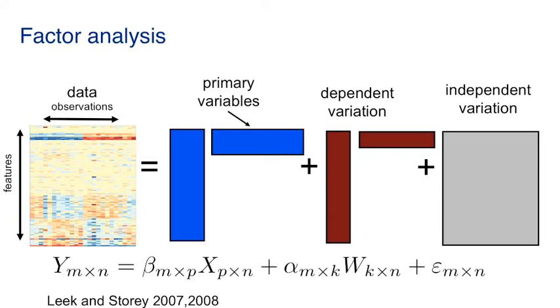So choosing that, it's called K here. Choosing K is hard. If you pick too few, you get too many false positives. If you put too many, you get too many false negatives.